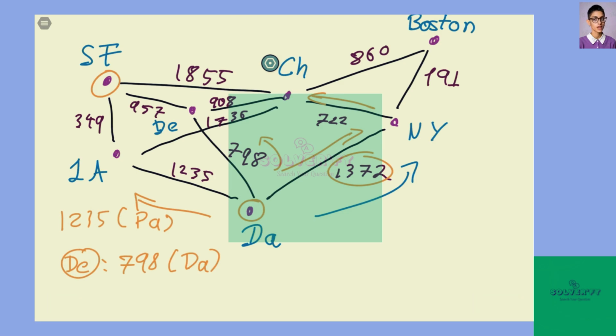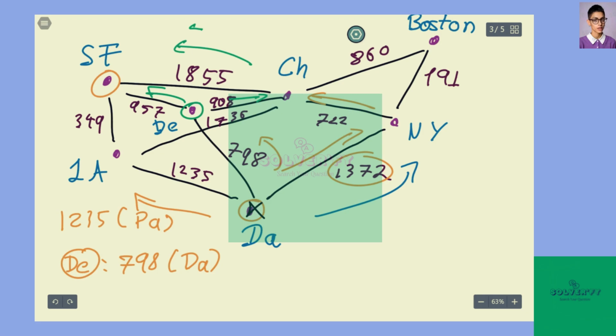And that will be all for Dallas. Then starting from Denver, we can go either directly to San Francisco or we can go to Chicago and then to San Francisco, but clearly that will be a lot bigger distance.